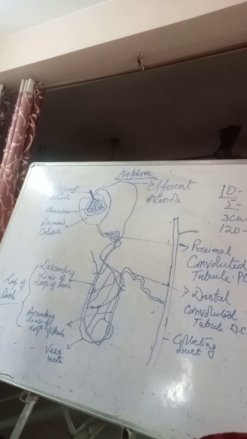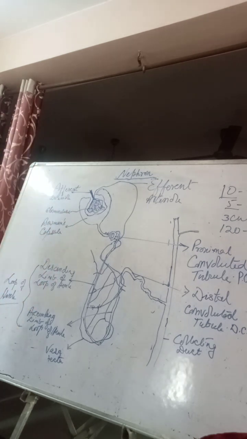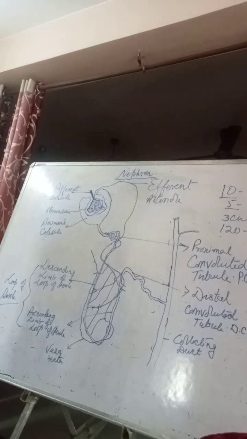The inner space has conical pyramids, and in between the pyramids there are columns, which are called the columns of Bertini. This is the internal structure of the kidney; you can see it in the diagrams in the books.